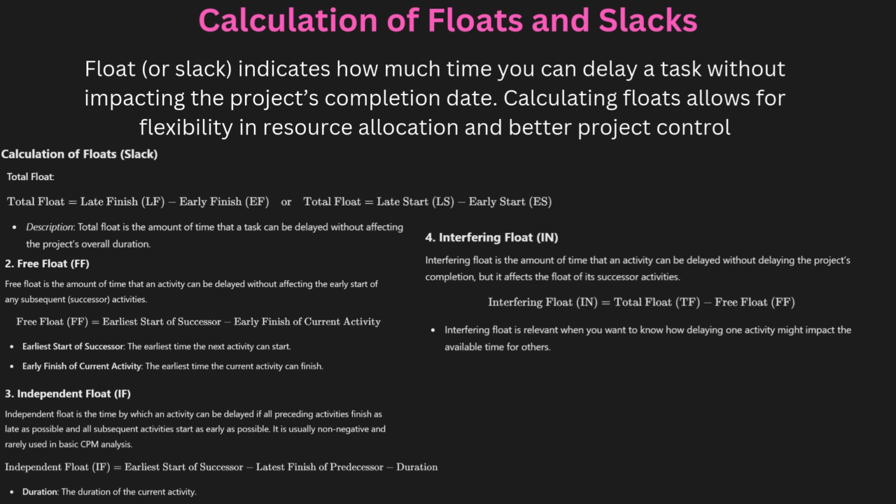Total float indicates how much a task can be delayed without affecting the overall project timeline, while free float shows the delay tolerance before impacting the subsequent task. By understanding float times, managers can optimize the resource allocation and shift the efforts where they are most needed. These insights ensure that the focus remains on critical tasks while managing the less time sensitive activities efficiently.